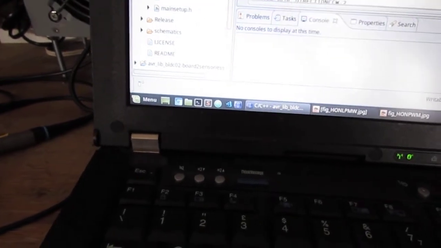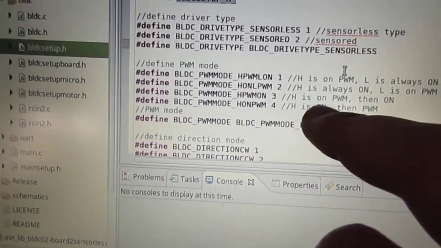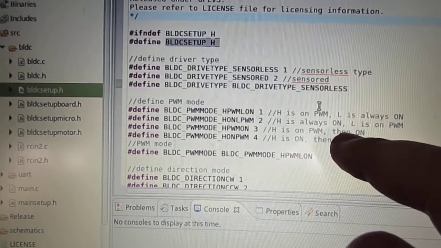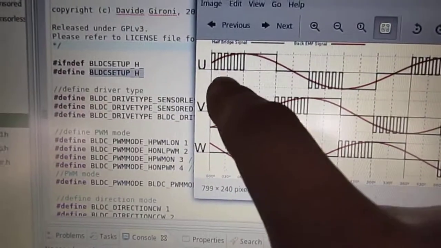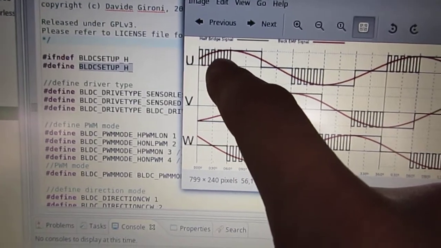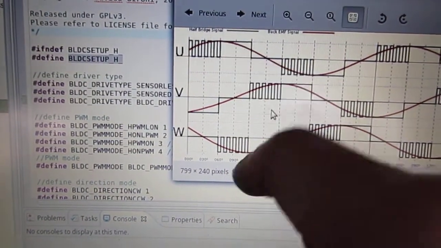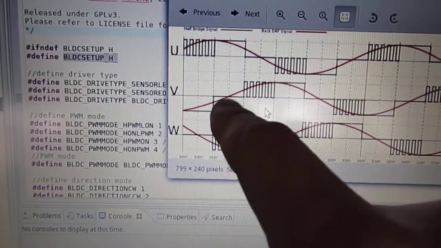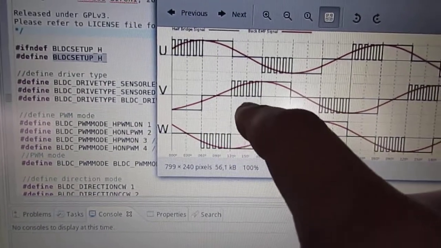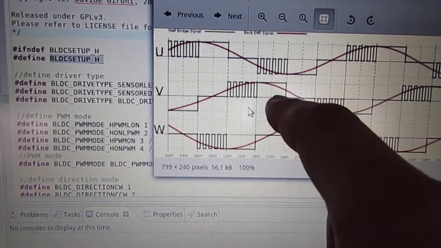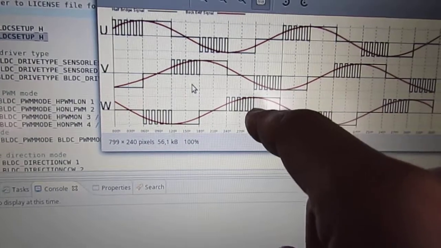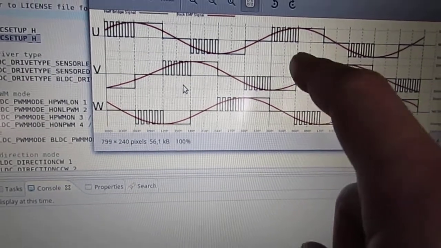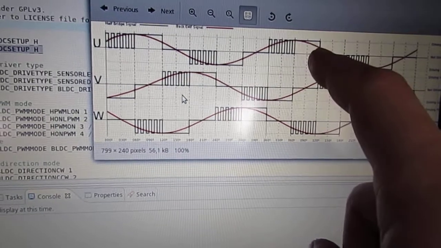Then the other two different ways of driving: the high side is on pulse width modulation and then is on. Let's see if I can take the picture. This one is how it works. The high side is on pulse width modulation, then is on, and so on.